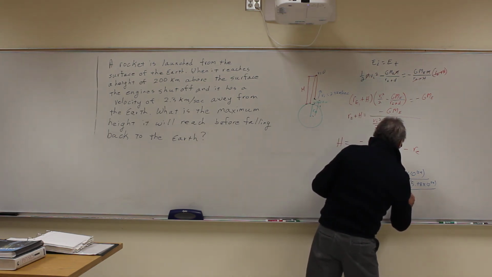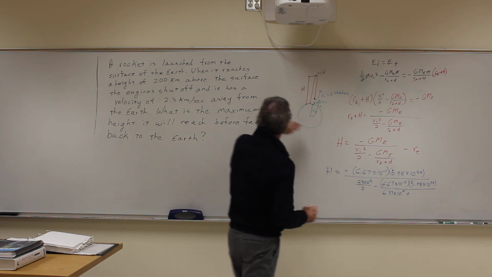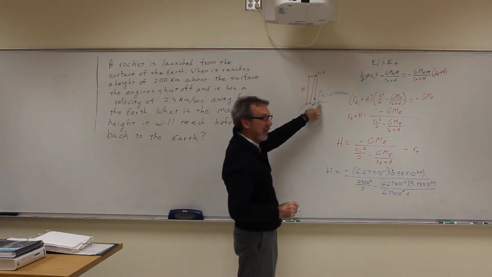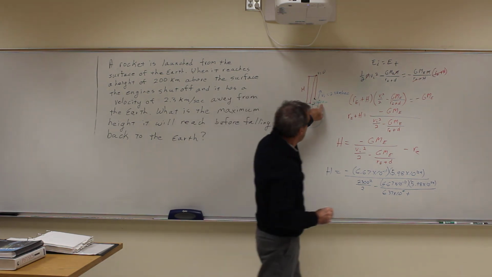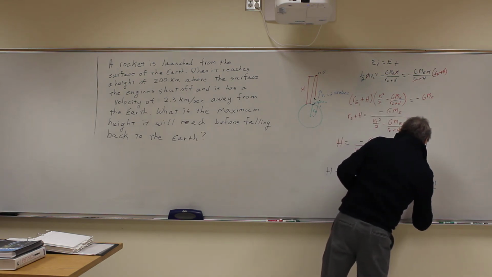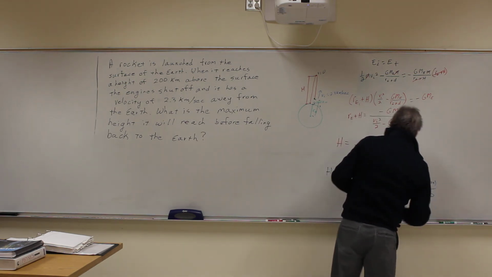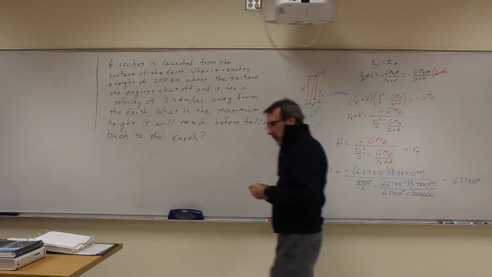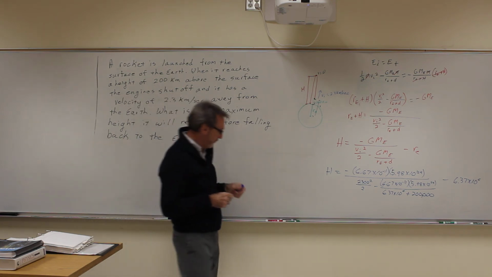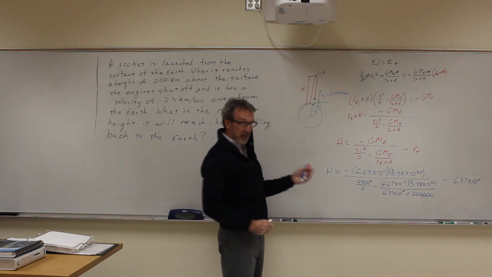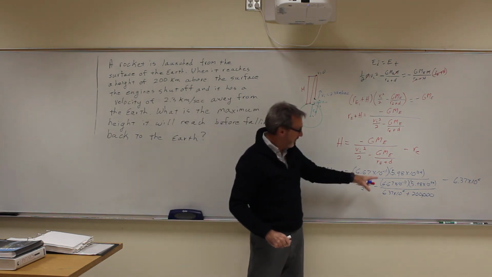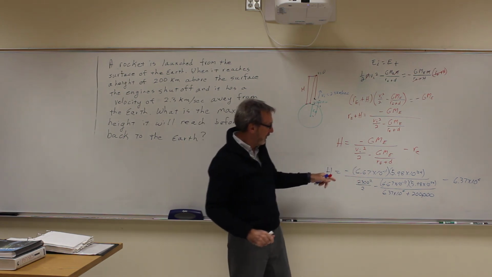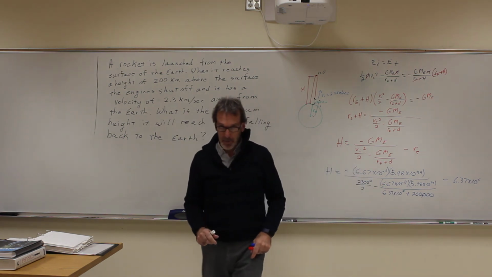That's in meters. Plus the distance, we got was 200 kilometers, but remember that has to be in meters. So we multiply that by 1,000, that becomes 200,000. All that minus 6.37 times 10 to the 6th. Now you just have to be real careful when you put this in your calculator, because if you don't put it in right, you're going to get the wrong answer, and you've got to put the scientific notation in there properly too.